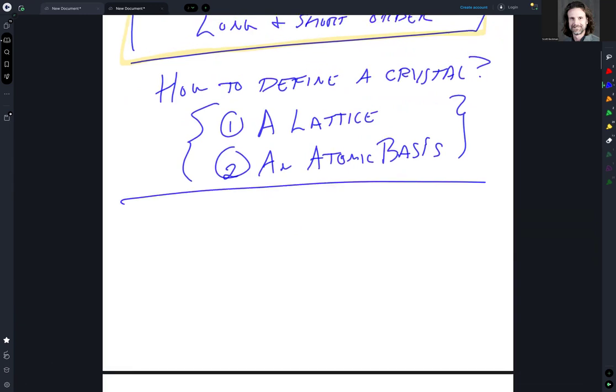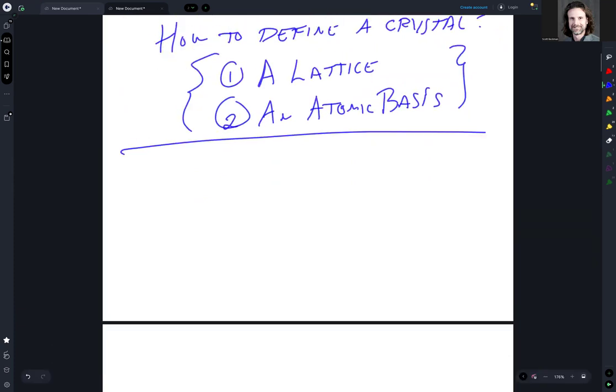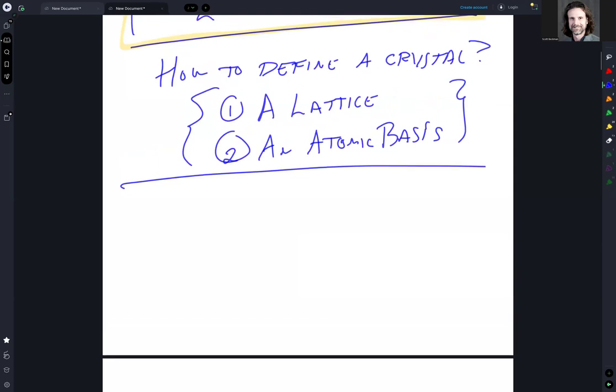So let's first discuss lattices. Well, before I do that, I should probably give you this picture of what I mean by a lattice and a basis. The lattice is basically an invisible box that's periodically spanning space, and then you put your atomic basis in the box.